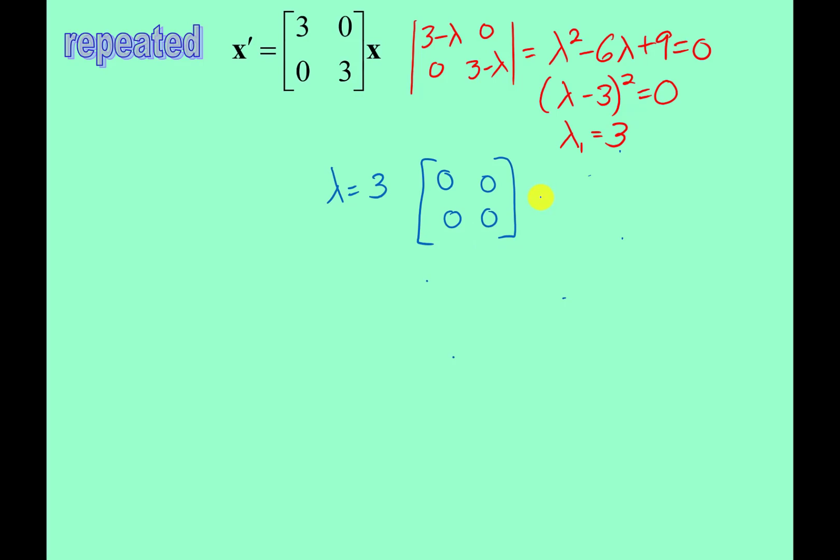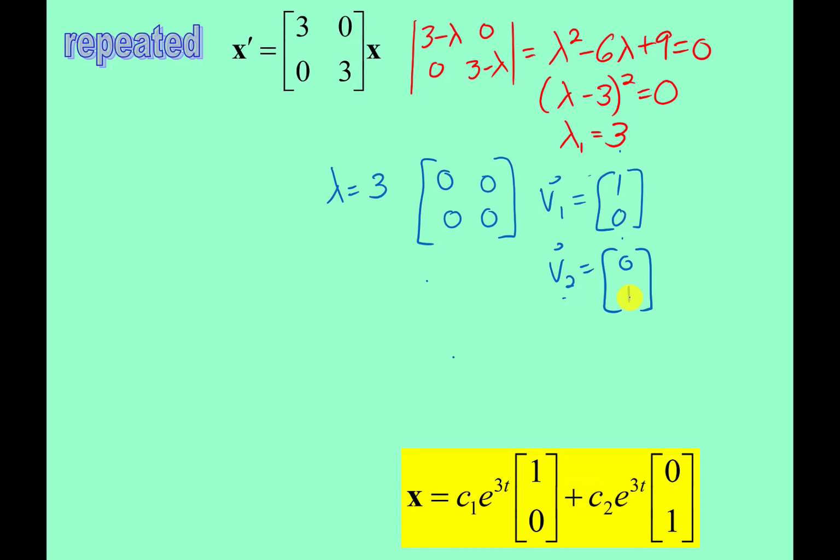So any vectors will work. We need two linearly independent eigenvectors. So the first one I'm going to pick is 1, 0, just because that's simple to work with. And for the second one, to get something that's independent, how about 0, 1? So I'm going to put them in a linear combination then, and we will have this.